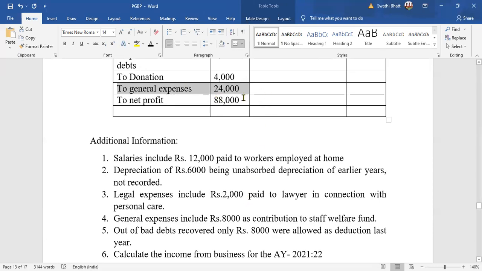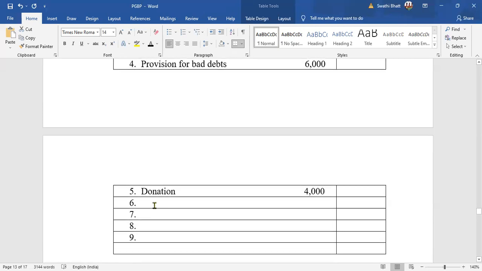But this 24,000 includes 8,000 which you have contributed to staff welfare fund, and whatever you contribute to staff welfare fund is strictly disallowed. So we will be writing contribution to staff welfare fund and the amount is 8,000 which is disallowed.